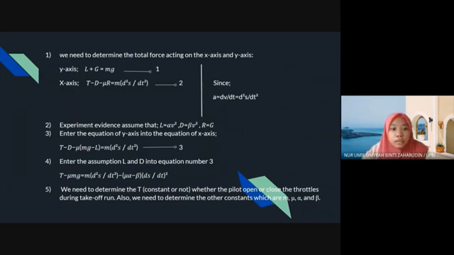Third, put the y-axis equation into the x-axis equation. Fourth, put the assumptions for L and D into equation number 3.